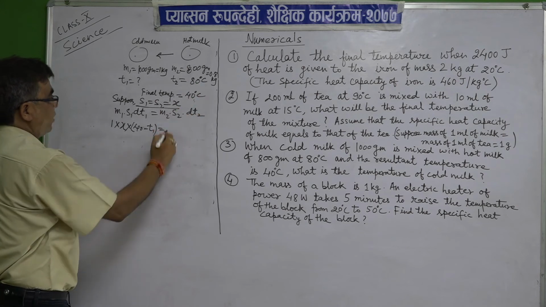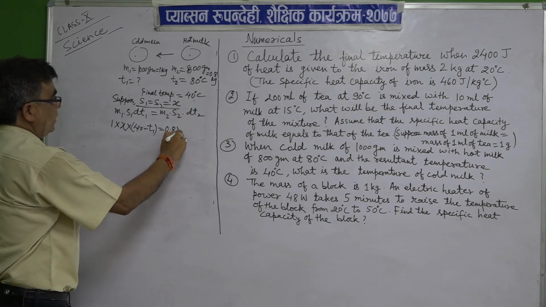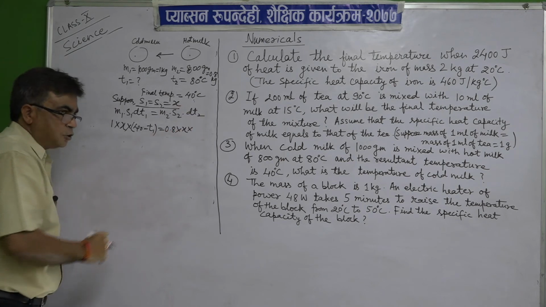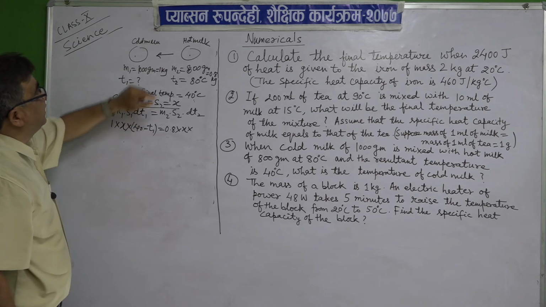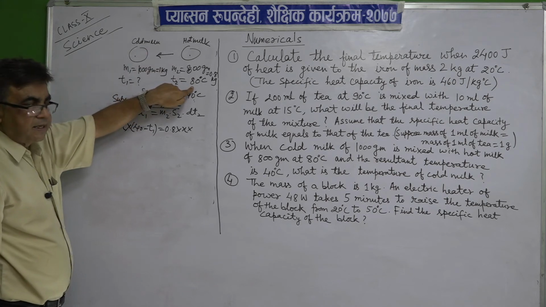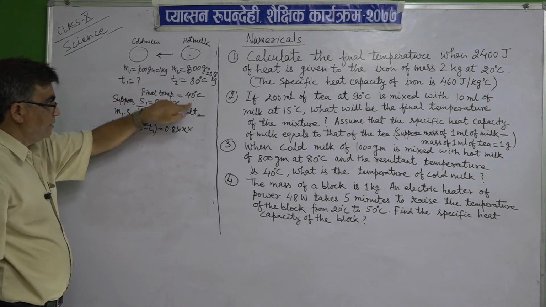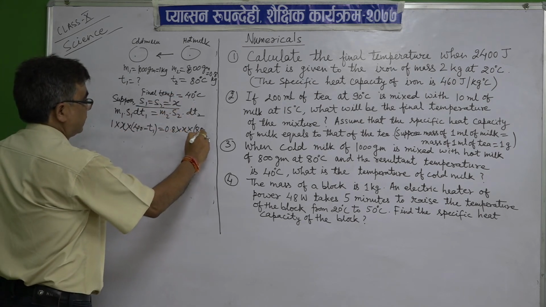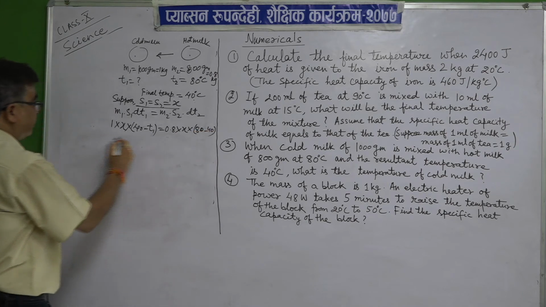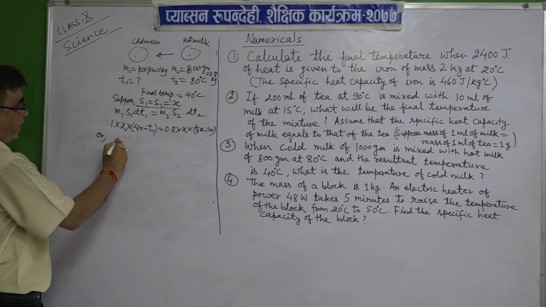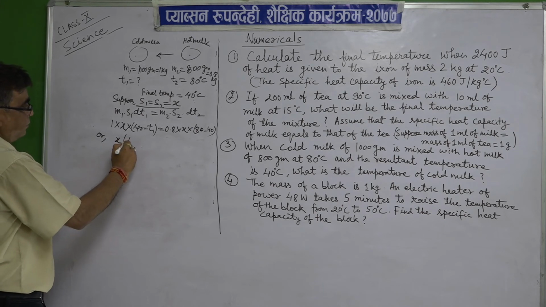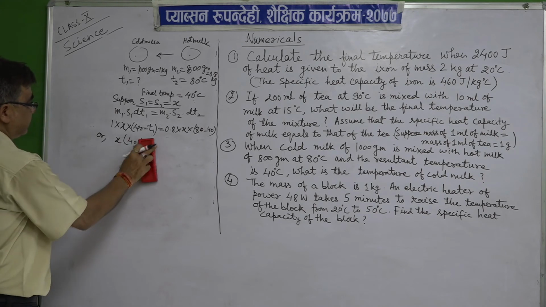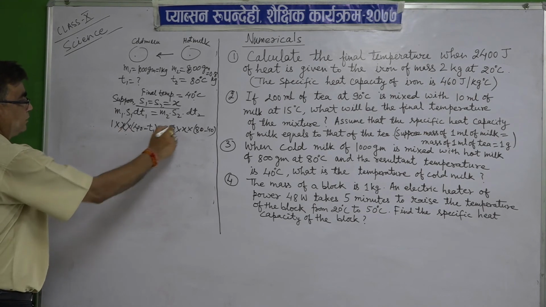the mass of hot milk, 0.8, into S2, which is x, and what will be dT2? Initially the hot milk's temperature was 80 degrees centigrade, finally it has become 40. So 80 minus 40, it is quite clear. So you can calculate very easily: x into 40 minus T1, x cancels out.